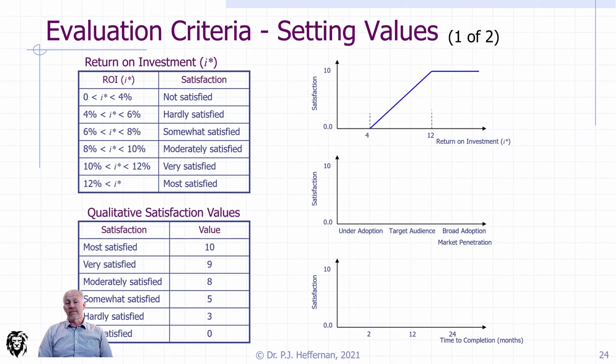We may decide, it's probably reasonable, that more is better. And this could stay linear going up. It could be exponential. There's a whole bunch of ways to do it. Or you could decide that, once we hit 12, it doesn't really matter. We're not going to give it a higher score for going beyond 12. 12 is good enough, and we'll let the other criteria decide.